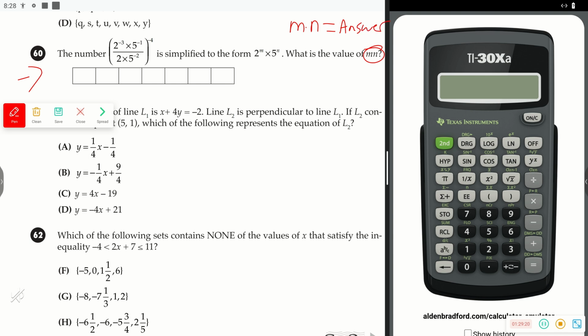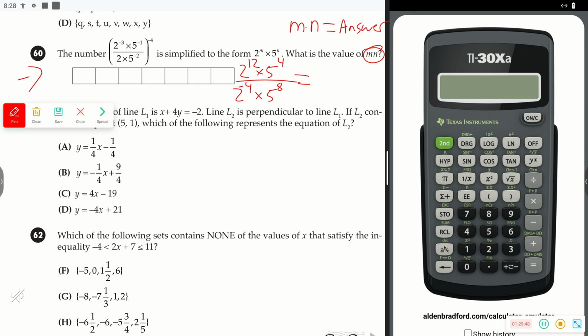So for this one, we have to take the negative 4 and multiply it by all of the exponents. So that'll be the first step. Negative 3 times negative 4 is going to be 12. So we have 2 to the 12, and then times 5 to the positive 4 divided by 2 to the negative 4 times 5 to the positive 8.